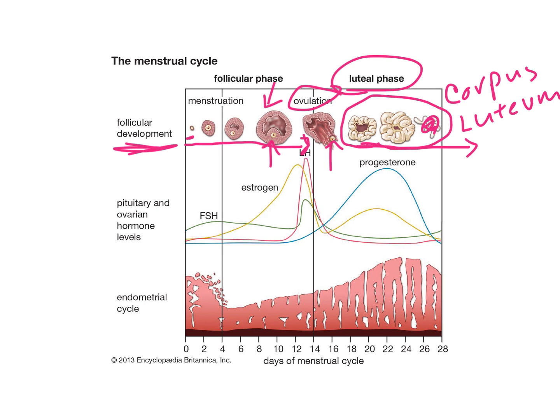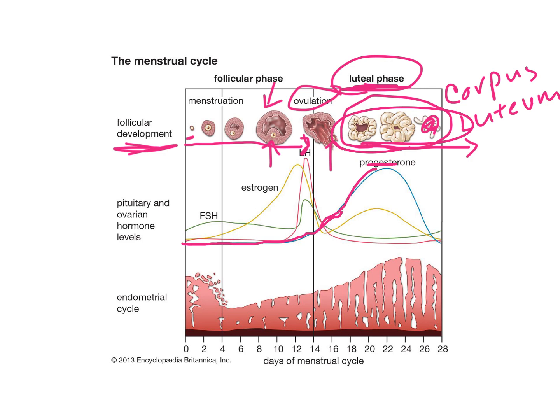Progesterone only comes into play the second half of the menstrual cycle or during that luteal phase, because that corpus luteum appears in the second half after ovulation. So progesterone levels are going to be pretty much non-existent until after ovulation when that corpus luteum appears. That's when we see progesterone slowly increase and peak kind of in the middle of that second half of the cycle, or in the middle of that luteal phase.